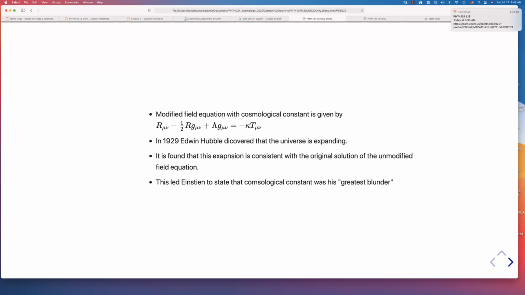So Einstein was very unhappy about that, and he used to state that adding this cosmological constant to his equation was the greatest blunder that he made, because it was not there originally. He is the one who added it, right? Eventually in 1929, they figured out it is not correct.